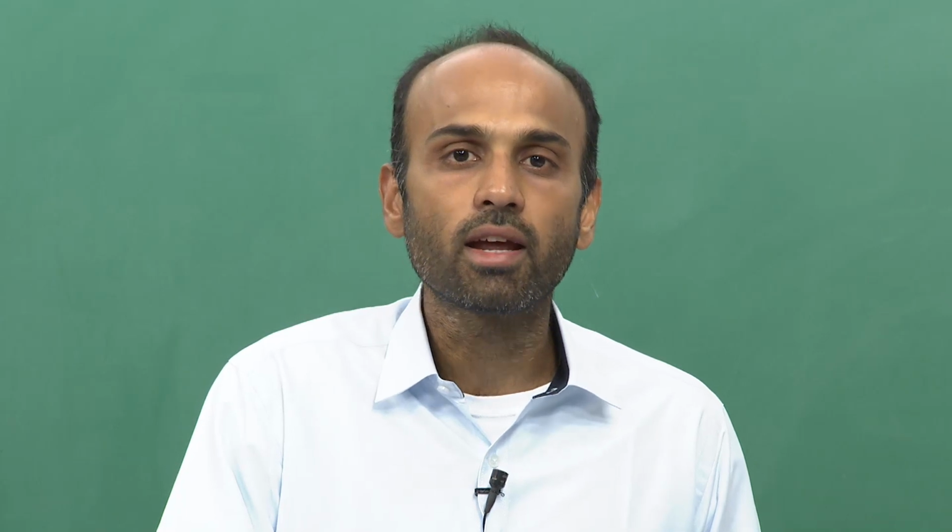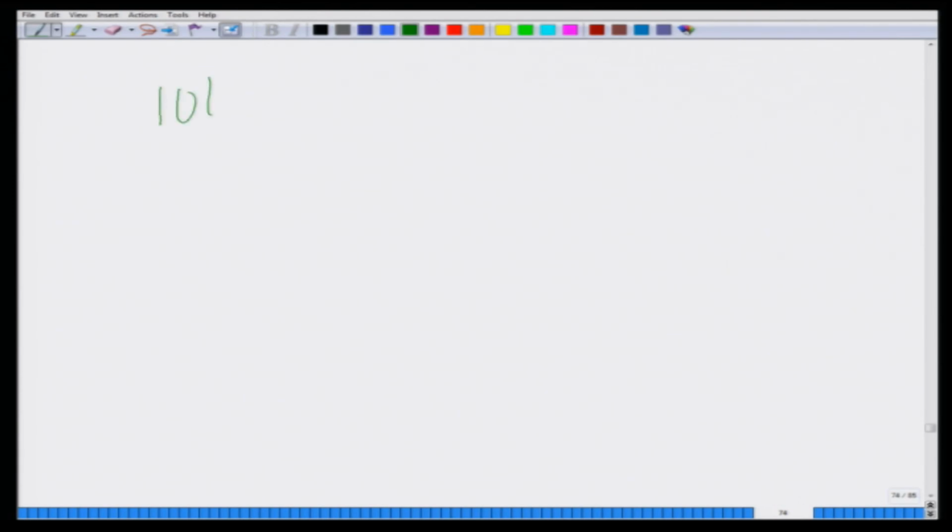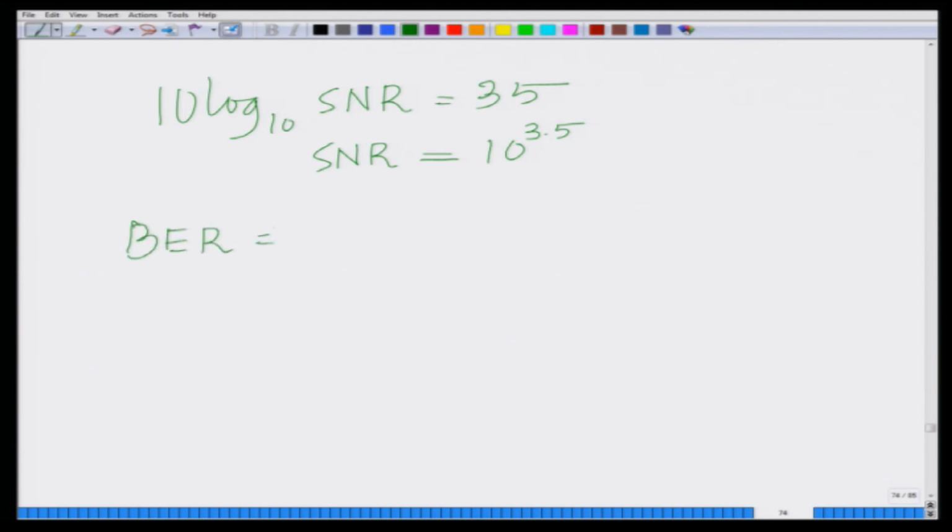We are asking what is the bit error rate of this OFDM system, and as we know, dB SNR is 10 log 10 SNR equals 35, which means SNR equals 10 to the power 3.5. The bit error rate of this system is half times 1 minus square root of L over N SNR divided by 2 plus L over N SNR.